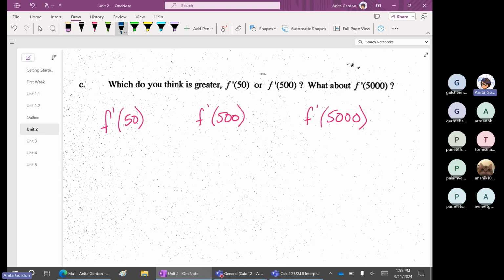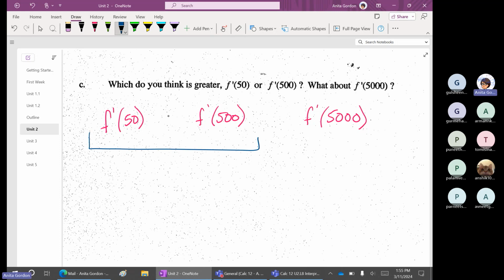If I'm comparing these two, I'm asking you, what is greater? The cost of producing 50 plus 1 or the cost of producing 500 plus 1? What do you think the answer is?